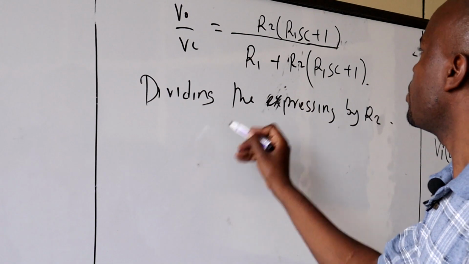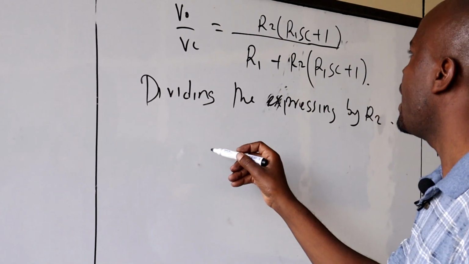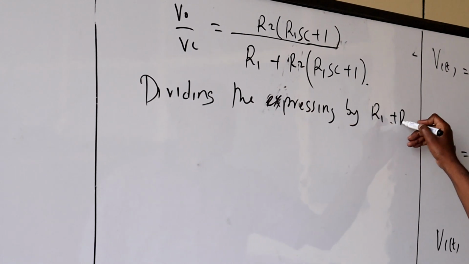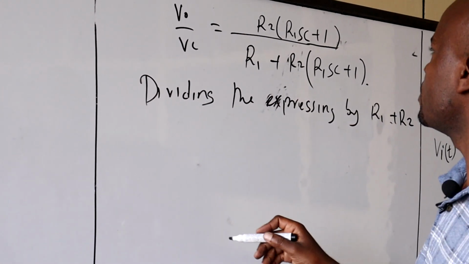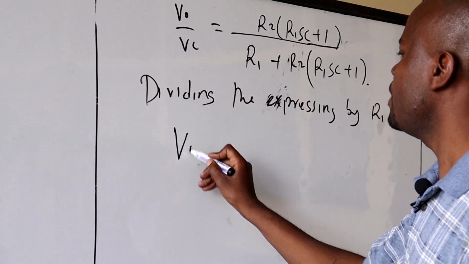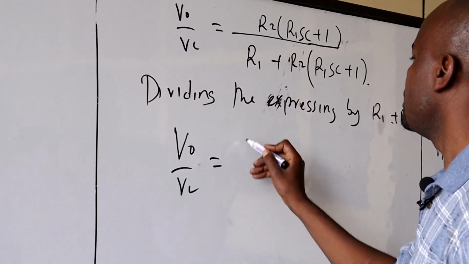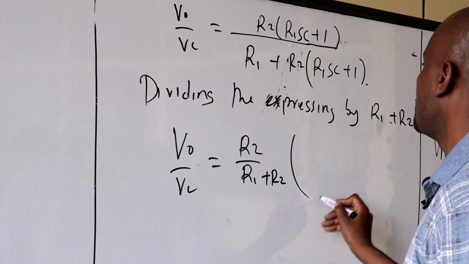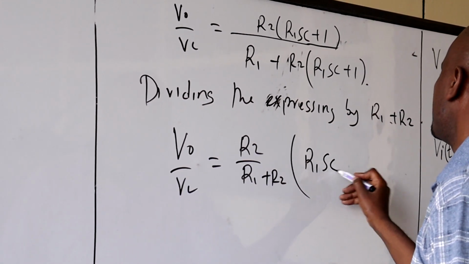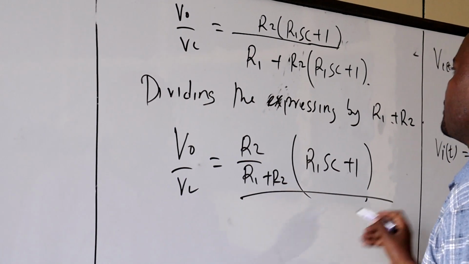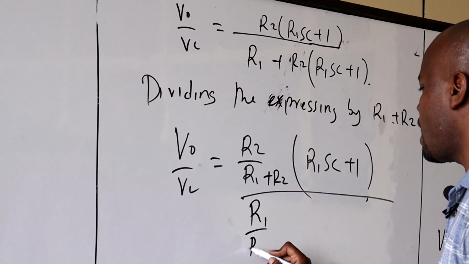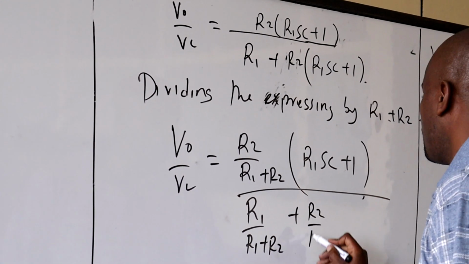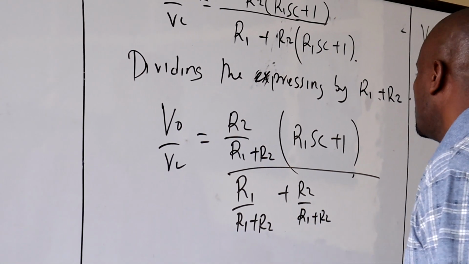So in this case, we divide by R1 plus R2 in order to make it that way, so that V out over Vi is going to be R2 all over R1 plus R2 into R1 SC plus 1, all over R1 all over R1 plus R2, plus R2 all over R1 plus R2.